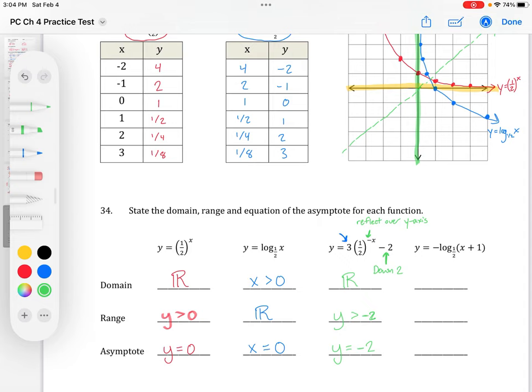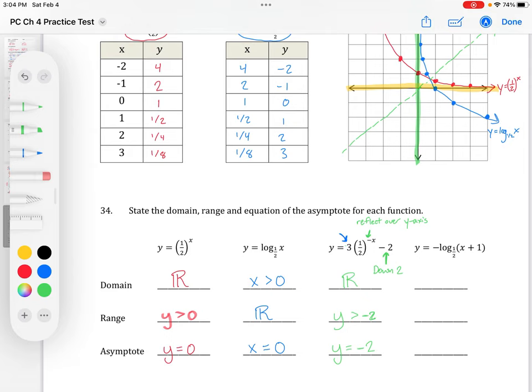Now, one thing to note in this example is, if there happened to be a negative right here, that would make your range y is less than -2. Okay, because it would flip it over the x-axis, and now everything would be under the line y equals -2. So just keep that in mind.